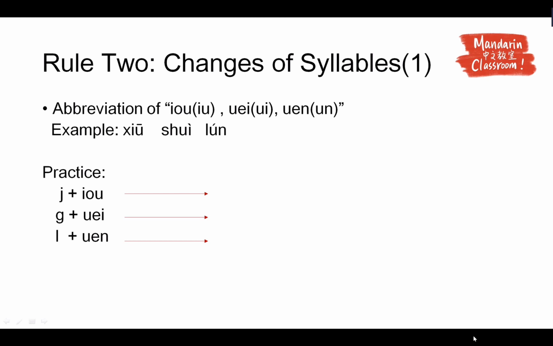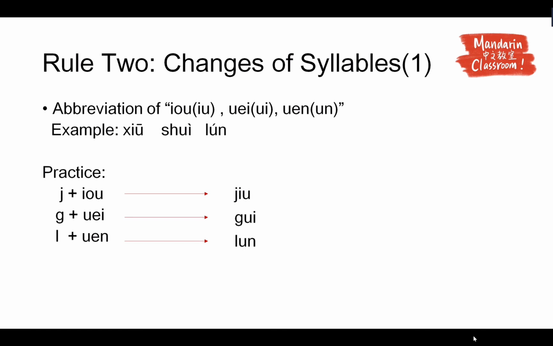Their examples we have said, so it changed into 休 shui 轮, this type. So let's do the practice. When the initial J meets iou, it will change into 鸠. And the initial G meets uei, it will change to 龟. And when L meets uen, it will change to lun.